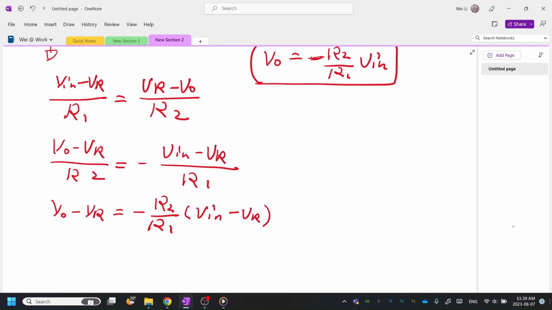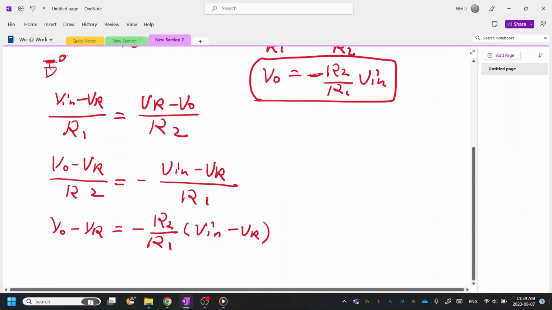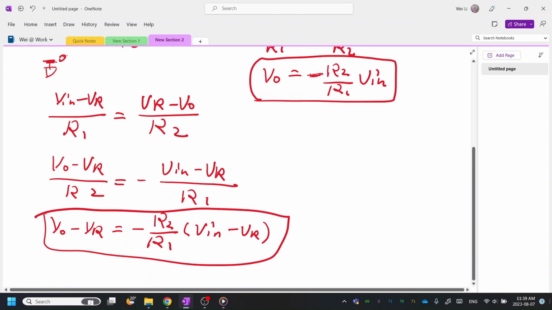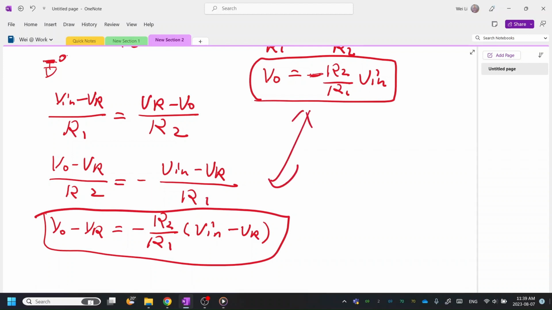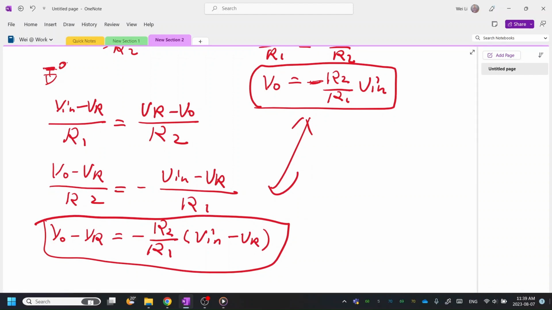Okay. Now you can compare these two formulas here, this one and this one. Here it looks pretty similar. The only difference is, basically it's the same equation. The only difference is that everything, output and input, in the standard case is referenced to 0 volts, minus 0 here or minus 0 here.